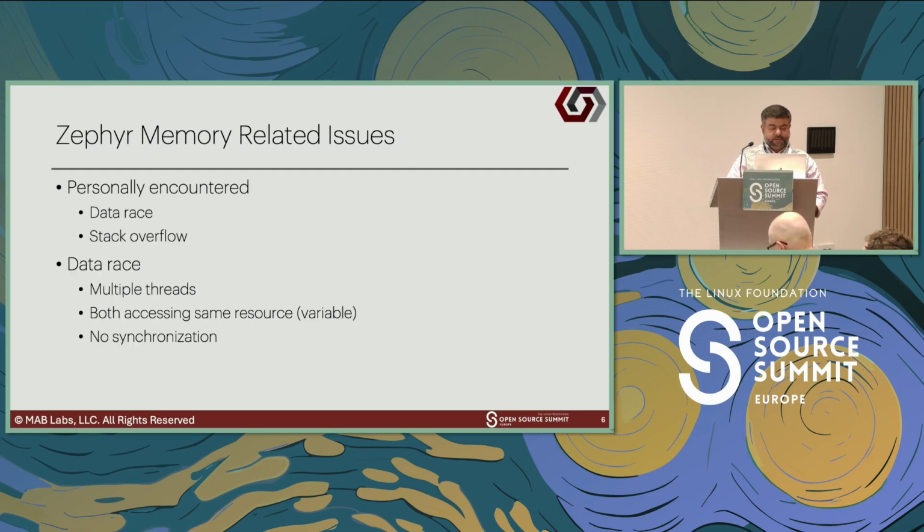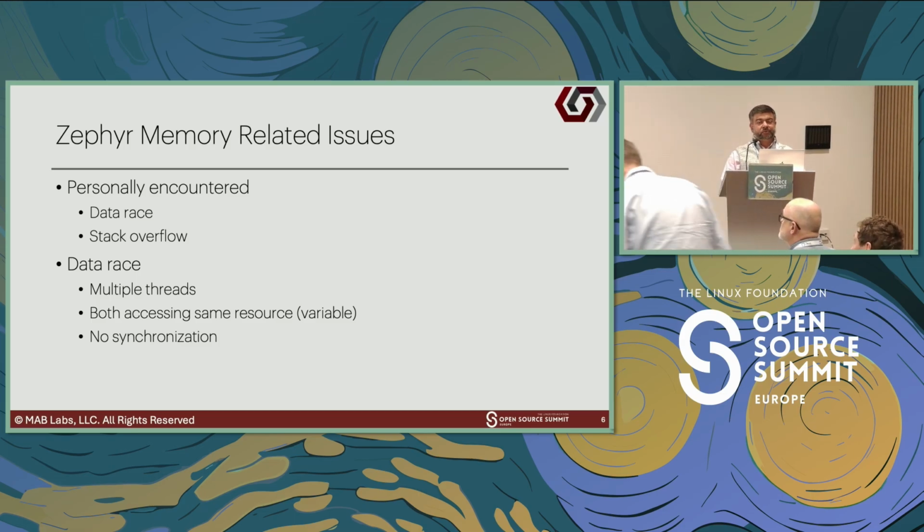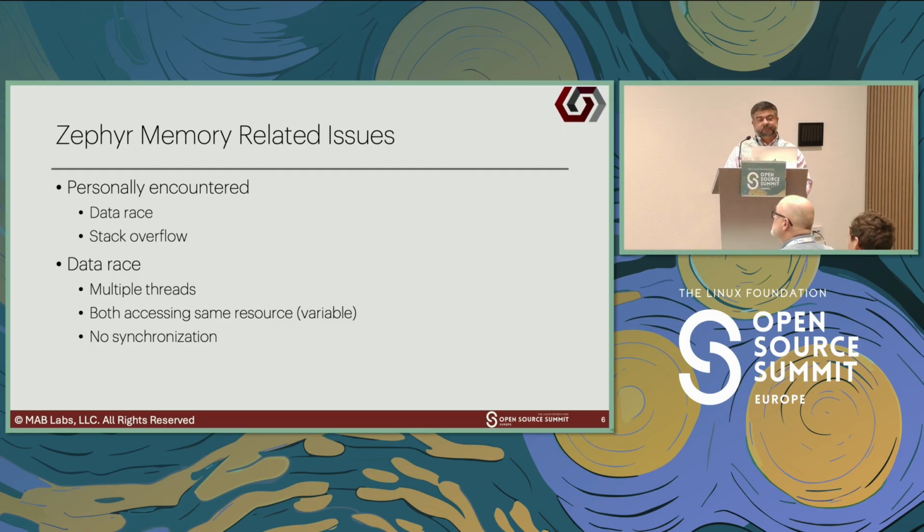So what is a data race? It's essentially when you have multiple threads that are both accessing the same resource, typically a variable, and you don't have any sort of synchronization. Generally that's what a data race is: you don't have any form of synchronization provided for multiple entities accessing one particular resource, most likely a variable.